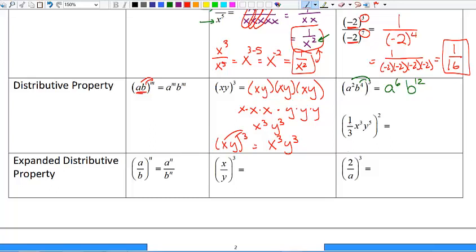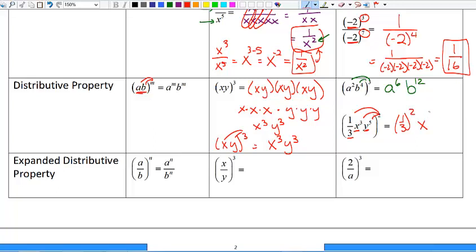So on the next problem, we have 1/3 x cubed y to the 5th, squared. The hard part here is students might think that there's only 2 bases. They can clearly see that the x is a base and the y is a base because each of those has an exponent. But the 1/3 is also a base. So we have 3 bases here. The number and then every other variable. So I have 1/3 squared.